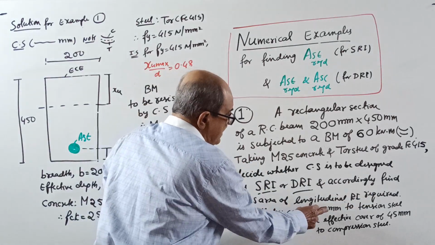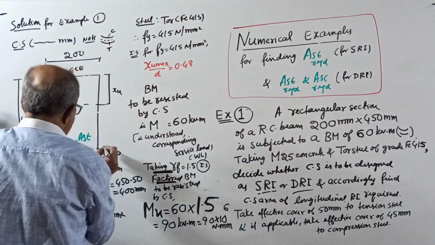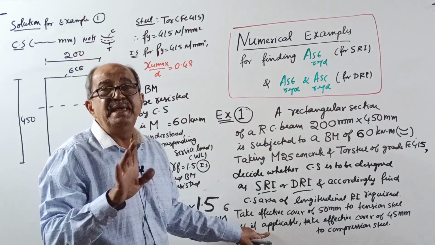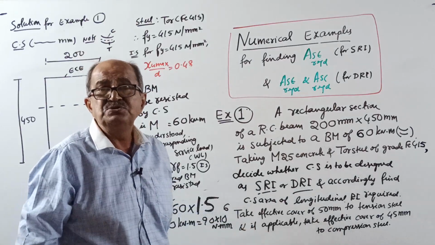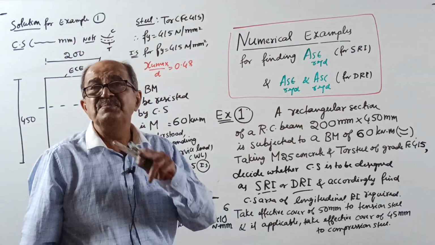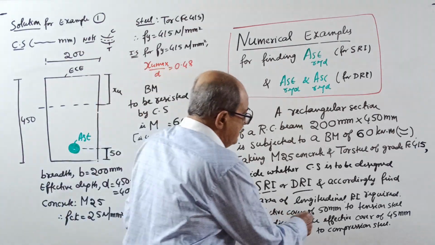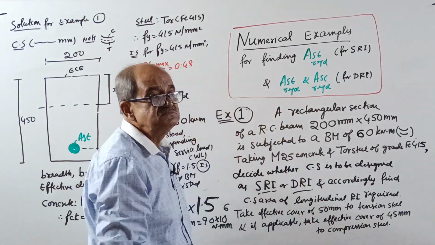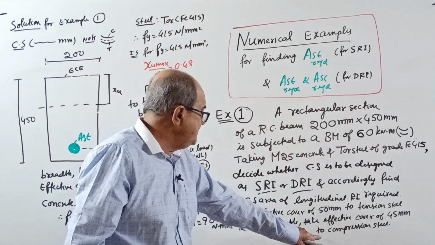Take effective cover of 50 mm to tension steel. And if applicable, means what? Suppose the cross section comes singly reinforced, that's all. If it comes doubly reinforced, take effective cover of 45 mm to compression steel. If it comes singly, this is not required.